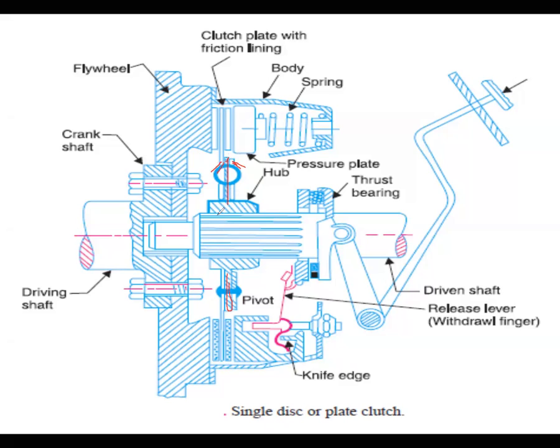So the plate is directly mounted on the hub, which receives force, energy, from the engine. It is directly connected to the flywheel shaft. This is the shaft for the clutch, the supporting shaft for the clutch. The supporting shaft is directly mounted on the engine flywheel.